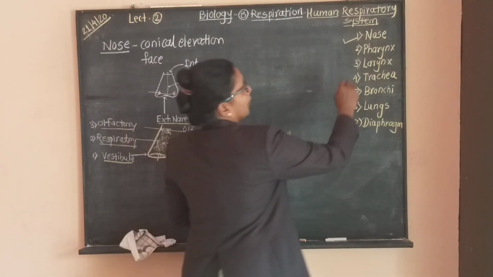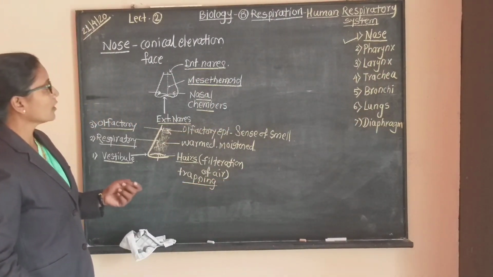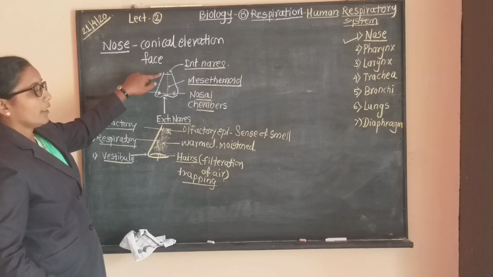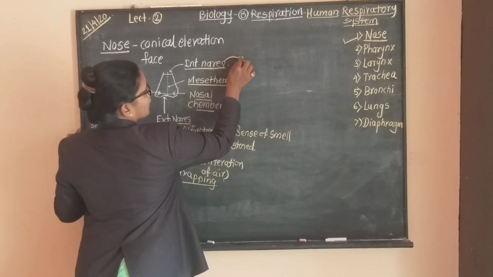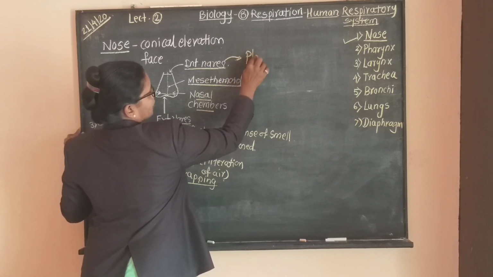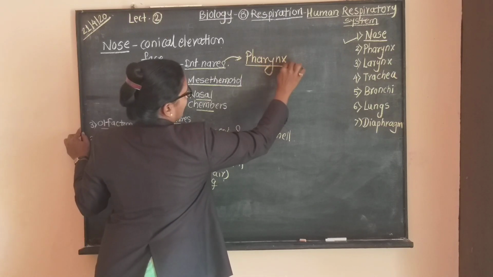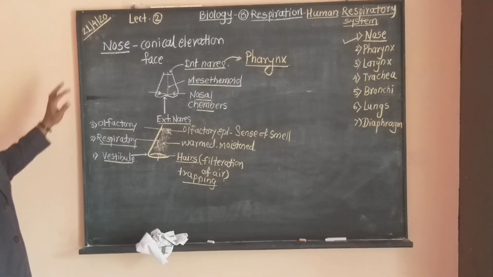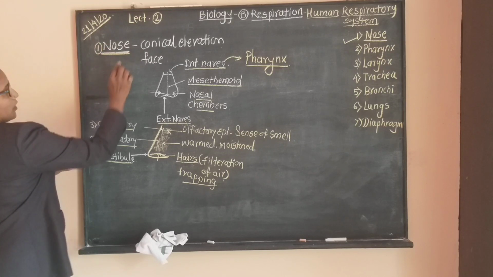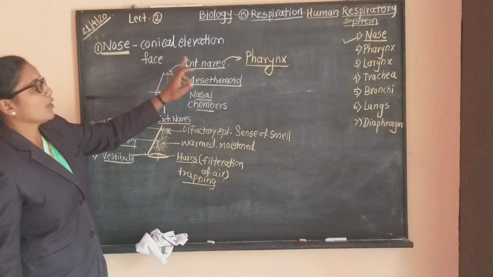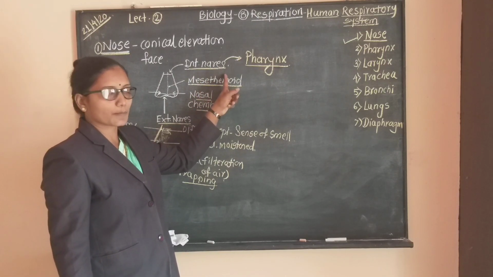Now, we completed the first part, the nose. The internal nares of the nose lead into the second part of the respiratory system, which is called the pharynx. The nasal cavity internally opens into the pharynx with the help of the internal nares.